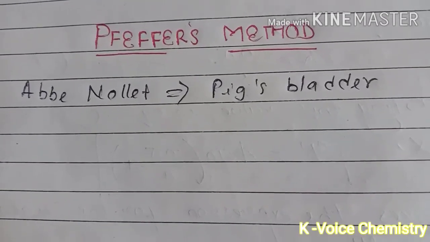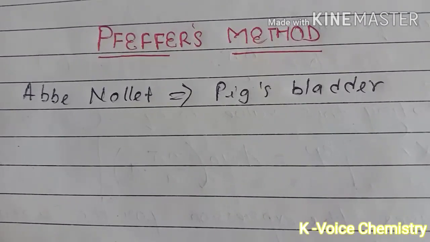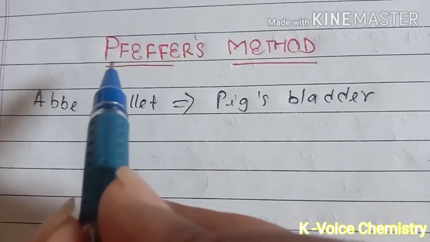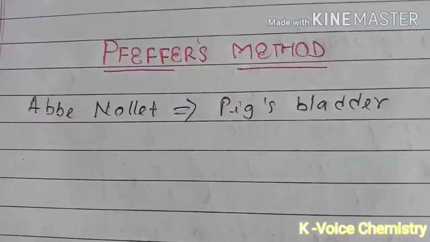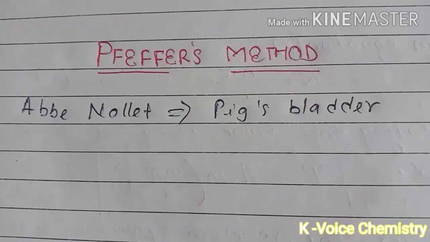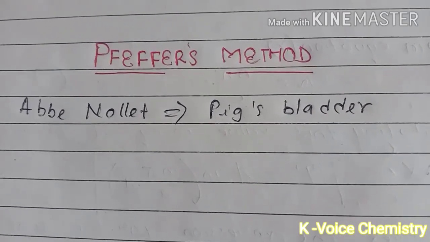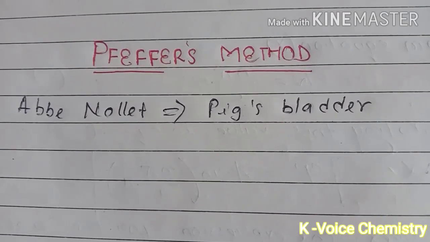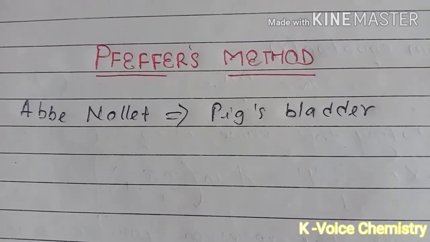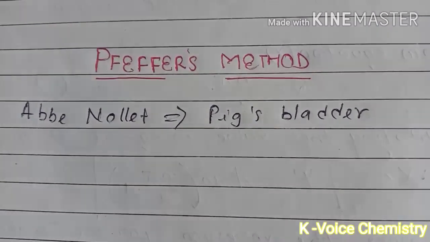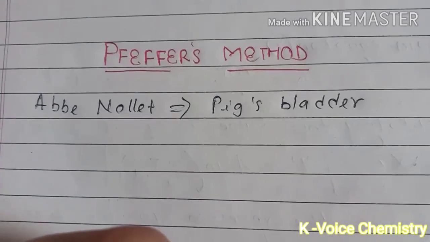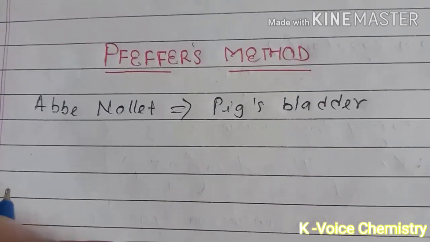Later a botanist named Pfeffer successfully developed the technique for preparing a good semi-permeable membrane and performed the measurement of osmotic pressure. Let us see how he developed it. Pfeffer invented an instrument called the Pfeffer cell apparatus.